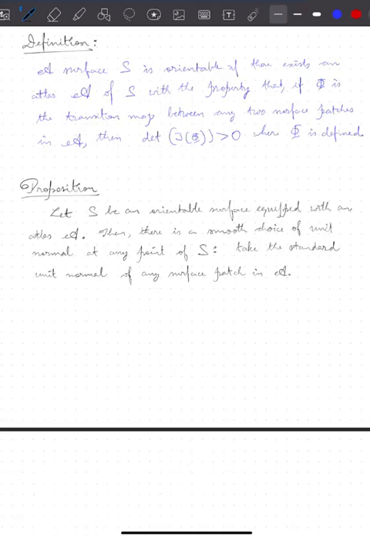And then we just take the standard unit normal of any surface patch in A.